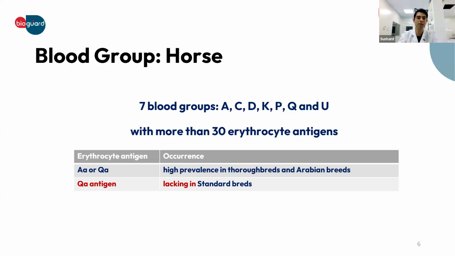However, blood group A and blood group Q are found in the highest prevalence, especially in the Arabian breeds as well as thoroughbred horses. And the Qa antigen is still lacking in the standard breeds as well.